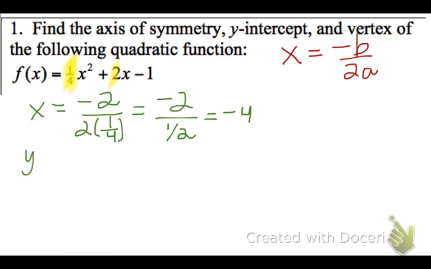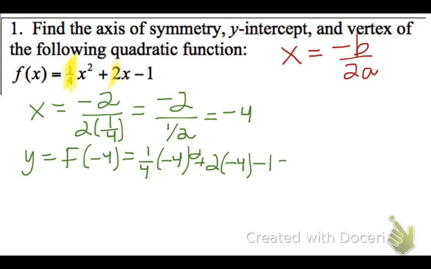To find the y-coordinate of the vertex, we plug negative 4 into the function, f of negative 4. And we would get 1/4 times negative 4 squared, plus 2 times negative 4, minus 1. A quarter of 16 is 4, minus 8, minus 1, so 4 minus 8 minus 1.